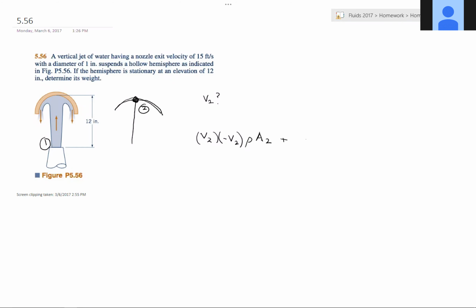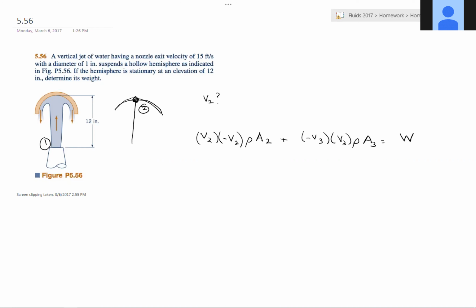That's going to be negative. How about V dot N? Yeah, that's going to be positive. Thank you. So rho A3, and that's going to equal the weight.